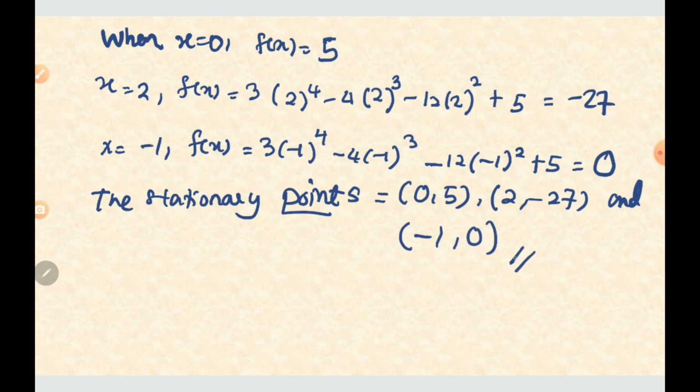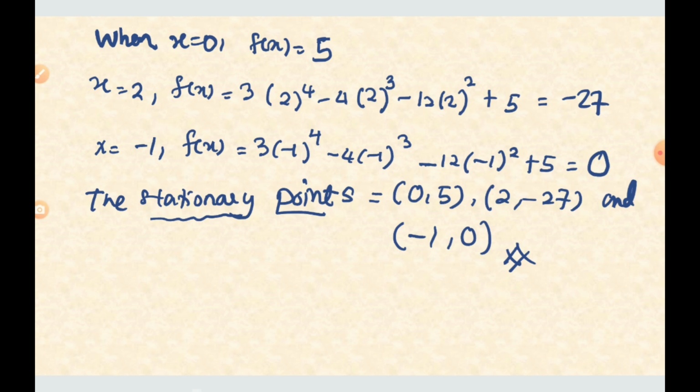These three are called the stationary points. Okay, then we need to determine the nature of the function. Stationary here means maximum or minimum. We don't know yet until we substitute into the table.